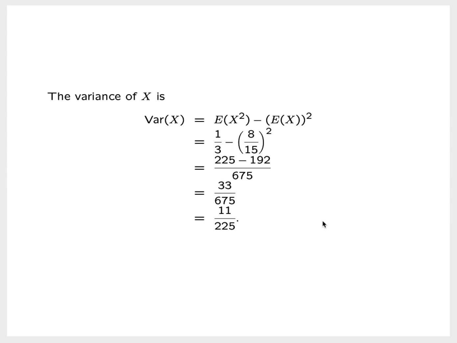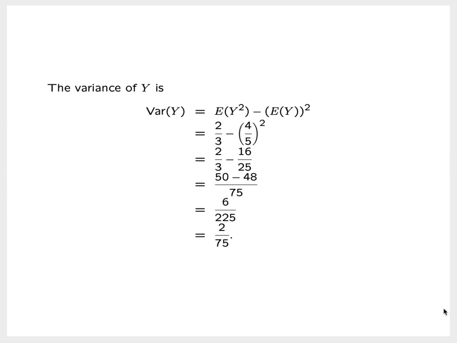So now we can calculate the variance of both x and y. The variance of x is the expected value of x squared minus the square of the expected value of x. So 1/3 minus the square of 8/15, and we get 11 over 225. The variance of y is given by the expected value of y squared minus the square of the expected value of y.